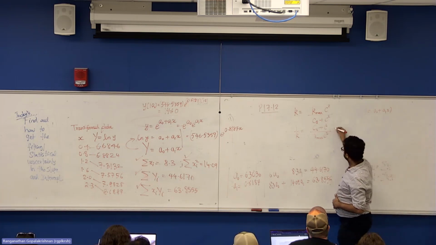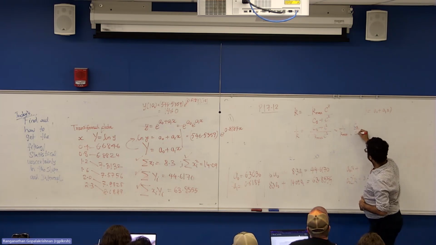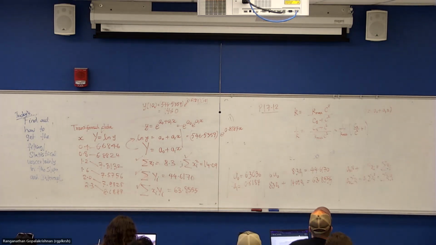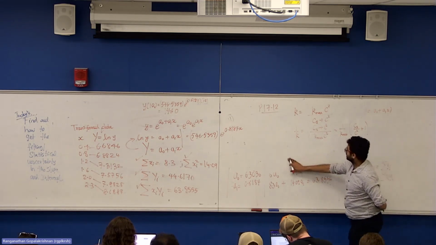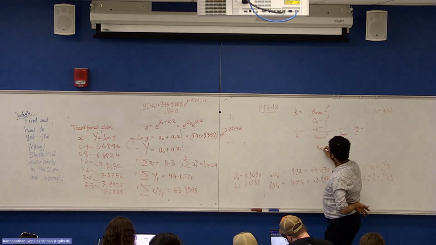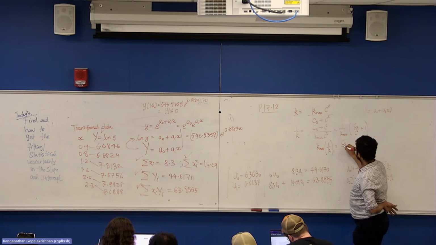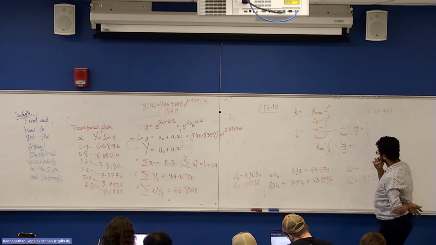And then once I invert, I'm going to write this as 1 over K max multiplied by CS over C squared plus 1.